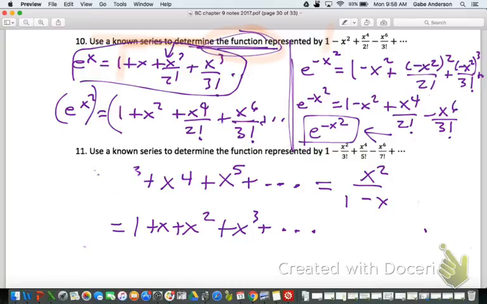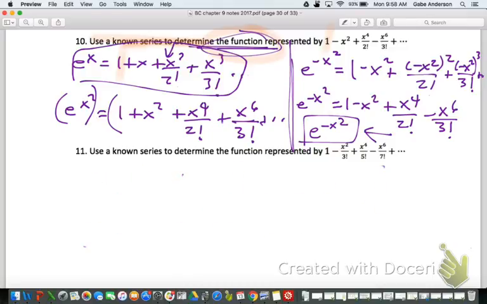This would be a little more challenging, perhaps. Okay, so here is a series. So once again, please look at this, determine the function that does generate this particular series.